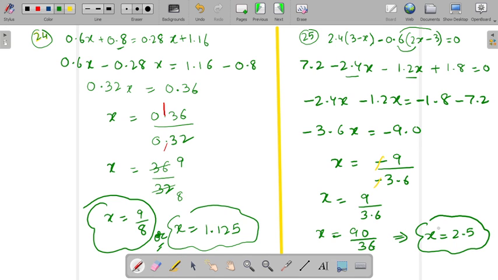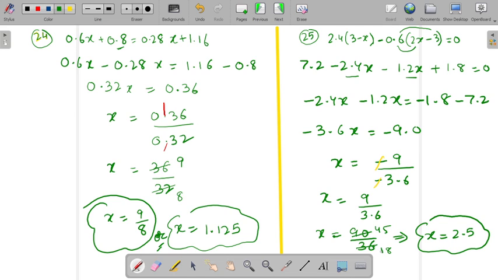Either you can keep it in the decimal form, or you can keep the answer in the fraction form also. So if you want to keep it in the fraction form, then also it will be right. Otherwise, you will put it in the decimal form. So if you want to keep it in the fraction, it will be 45 upon 18.